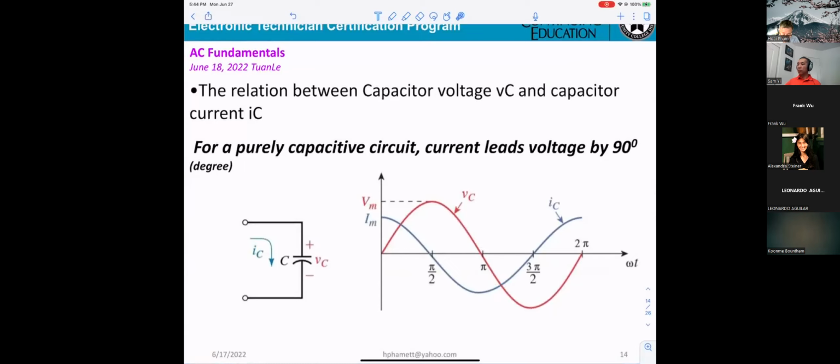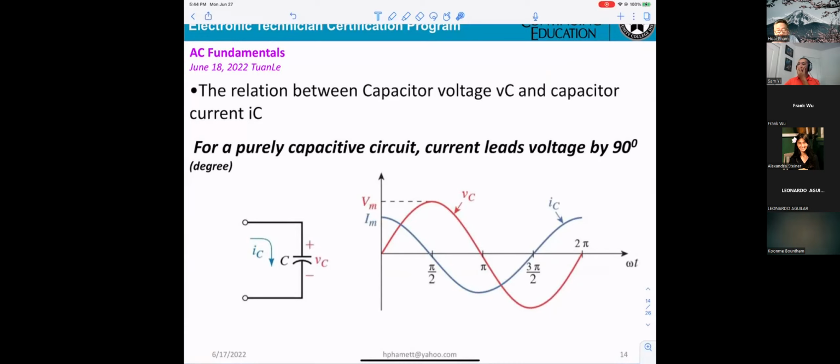This is the current, this is the voltage, VC, IC. So IC hits its peak here, 90 degrees before VC. So that's why we say IC leads VC by 90 degrees.